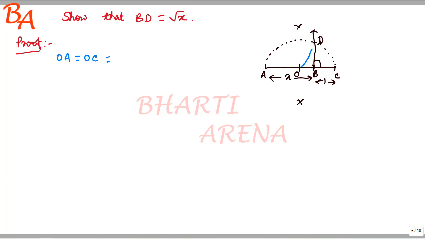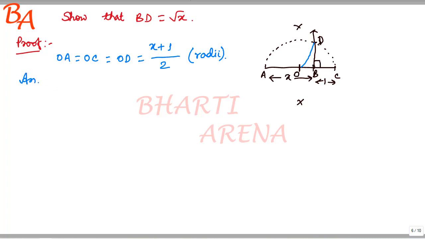If we produce this line, then it will also be the radius OD. OA and OC, all are radii, equal to OD, and since it is half of AC, and AC is x plus 1, the radius will be (x plus 1) by 2.